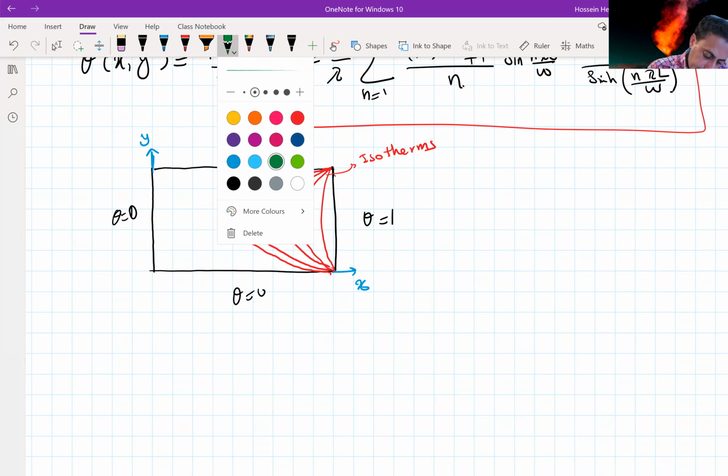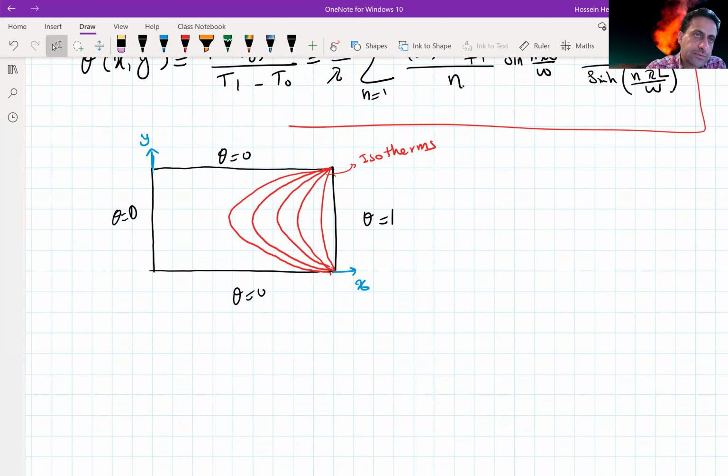So if I plot the vectors of the heat flow rate, remember everywhere we are going to have 90 degrees.